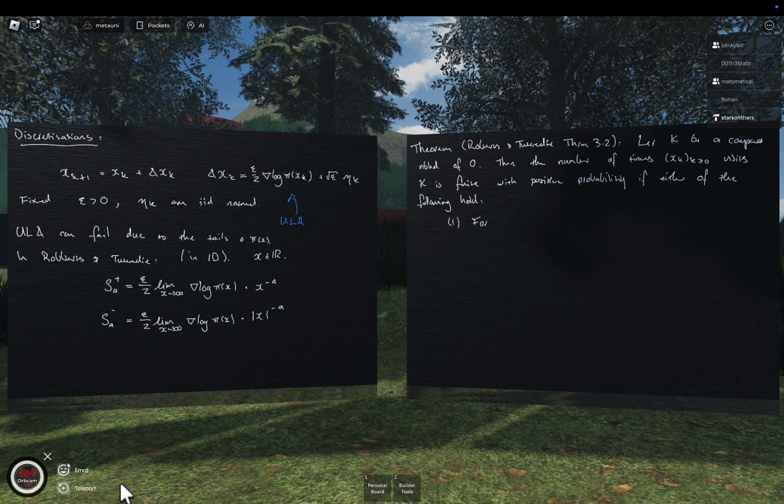The first is that for some a greater than 1, S_a plus is less than 0 and S_a minus is greater than 0, and they exist.